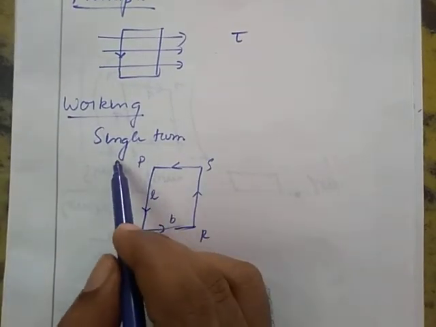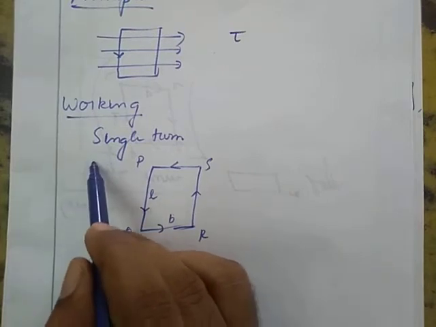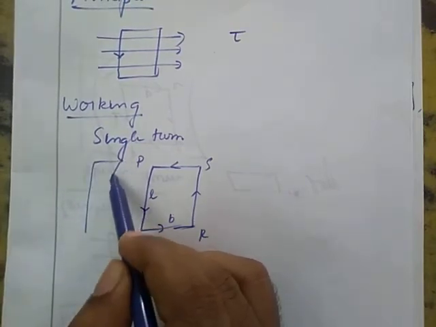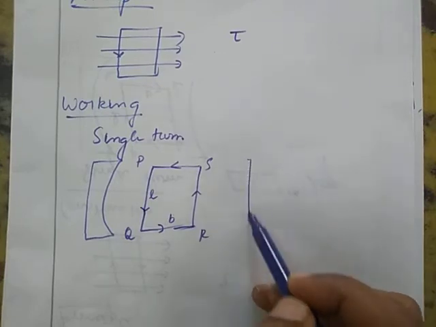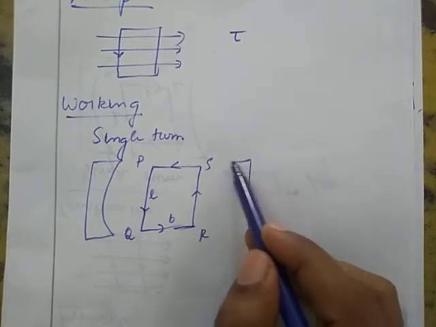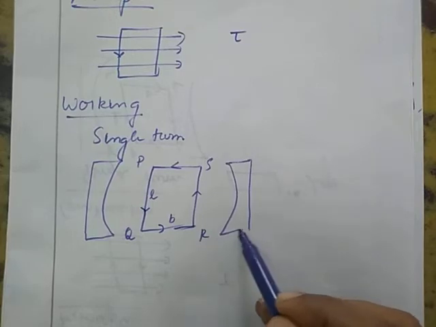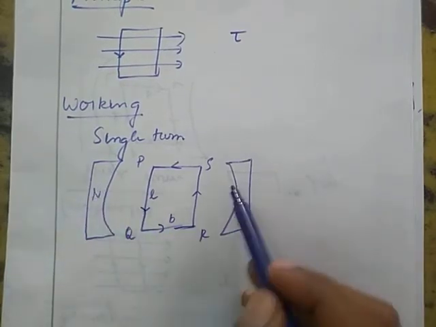Then the coil is placed in a radial magnetic field that is provided by a horseshoe permanent magnet. It can produce a radial magnetic field, north pole, south pole.